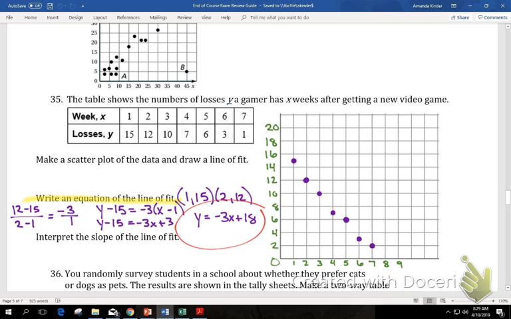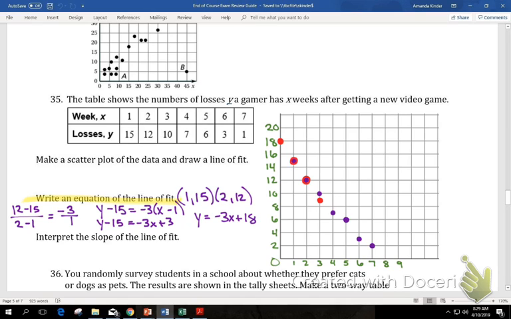Okay? So, based on this equation, this is your equation for the line of fit now. Where does your first point go? On the 18. And where do you go from there? Over 1, down 3. Down 3 over 1. Happens to be on the first point. What does that mean? That means that he's trending exactly how he's supposed to be, according to the line of fit. Now where do I go? Down 3 over 1 again, which just so happens to match the prediction that he's going down by 3 losses every week.